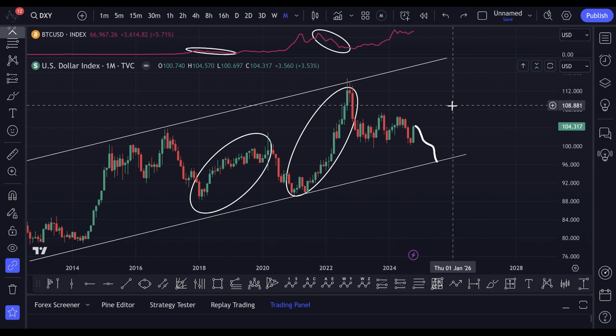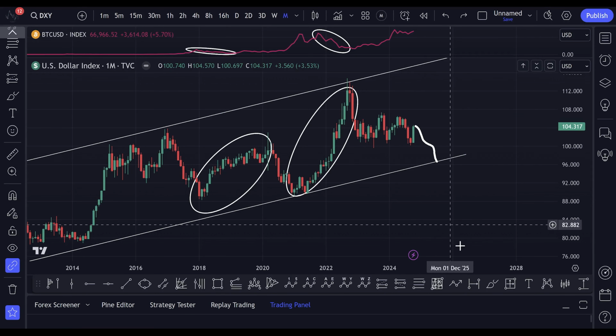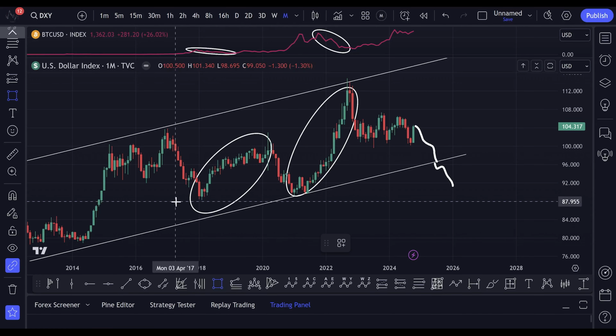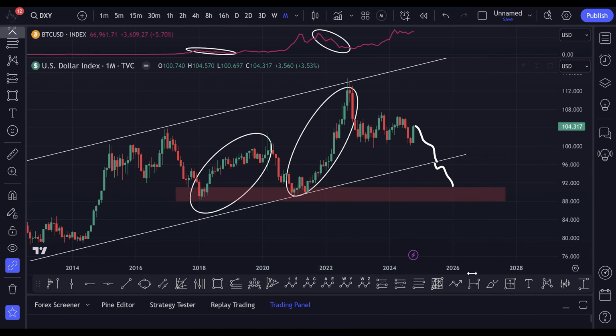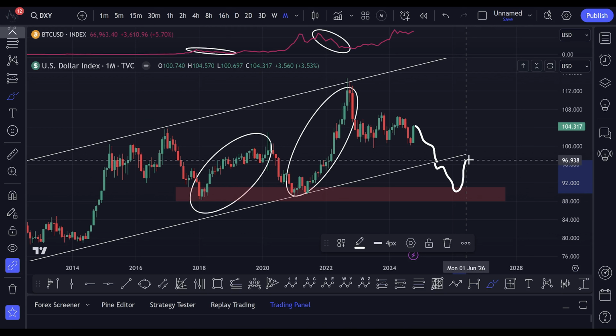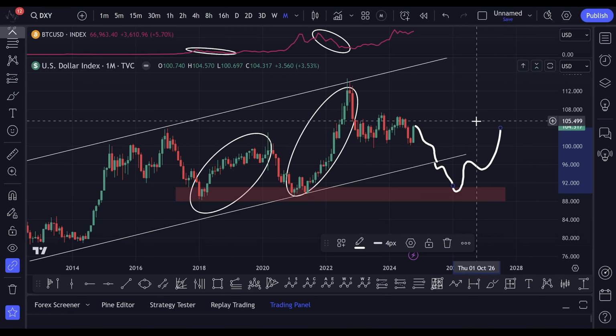However, if Bitcoin is only at 80k when the DXY is at this level, then probably we'll break below this level and we want to find another support area. And probably this other support area will be this one right here. And so if we reach this level on the DXY and Bitcoin is already at 140k, for example, then probably it will flip bullish and the bear market would start.